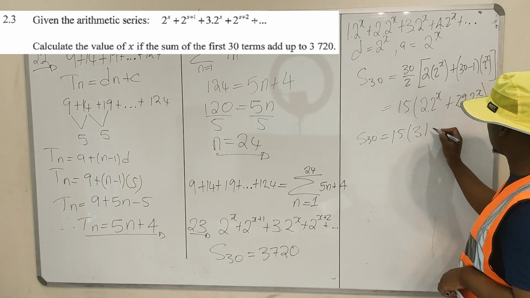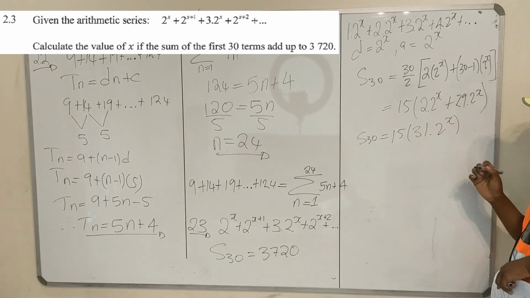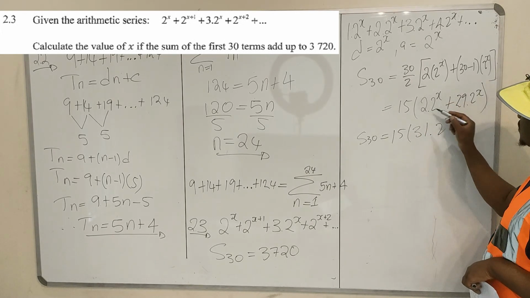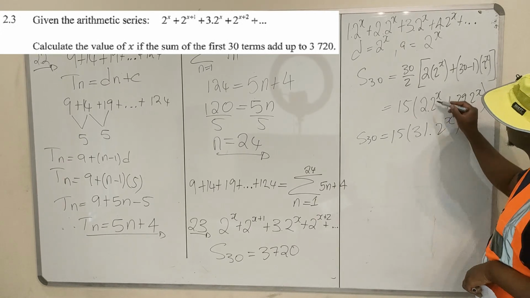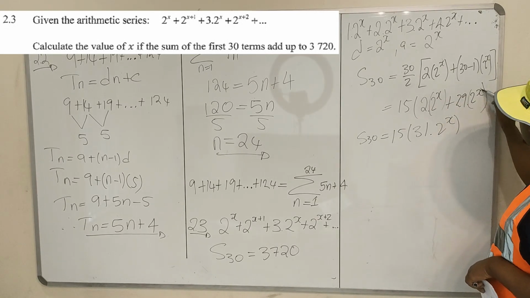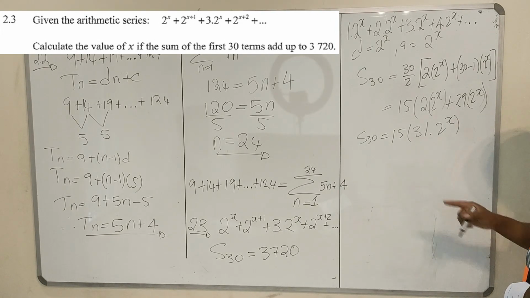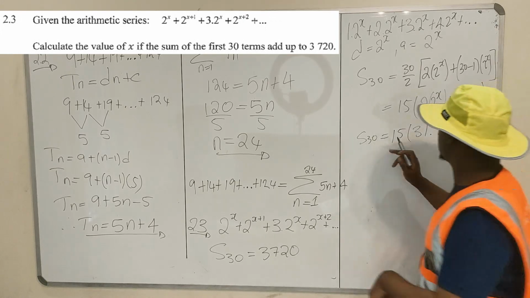This is 31 times 2 raised x. Do you agree? Because look at it as 2x plus 29x, because this behaves like your normal x here. So you have 31 of these things.